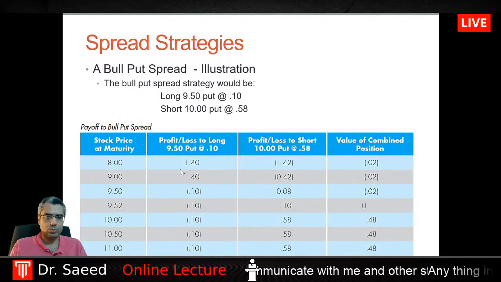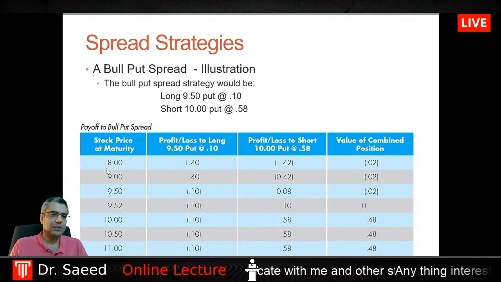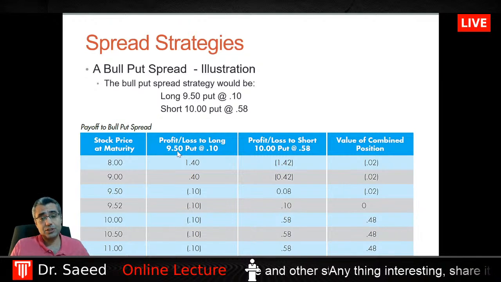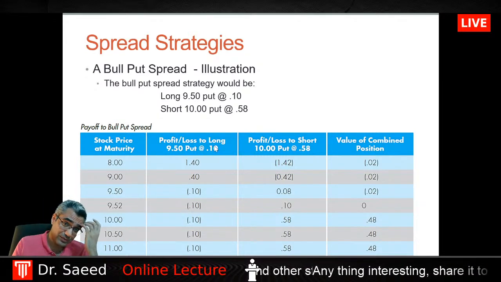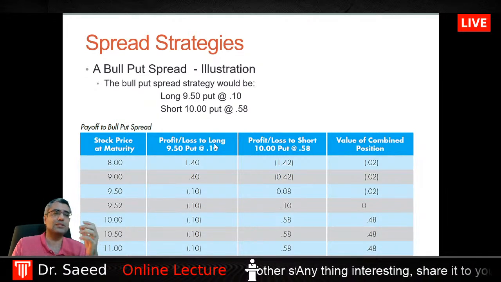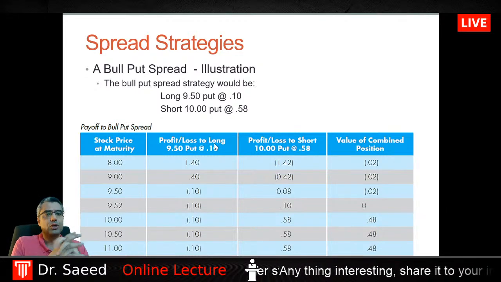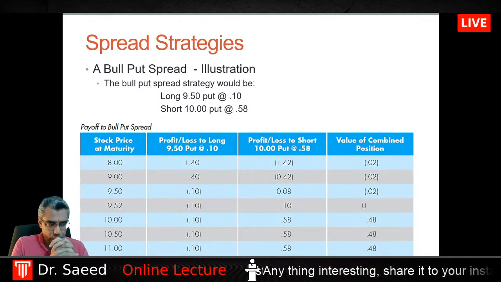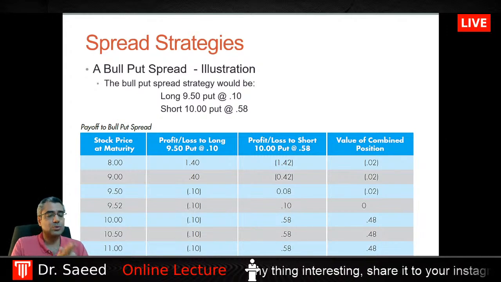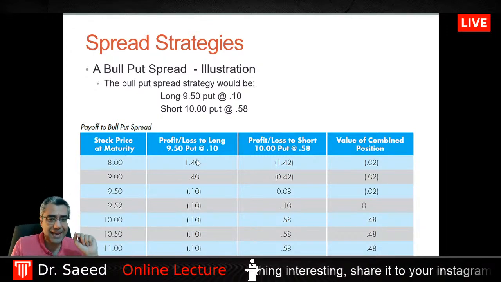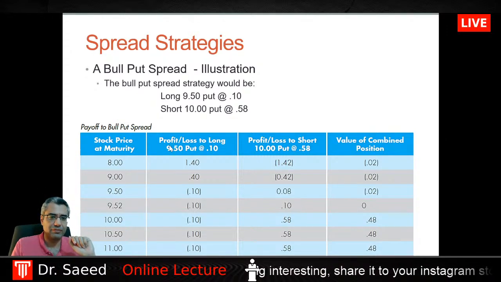Now let's test one of them. Let's say the underlying asset price is 8 ringgit. When you are long and the exercise price is 9.5, it means you are long put. Long put means you have the right to sell the underlying asset at the exercise price of 9.5.